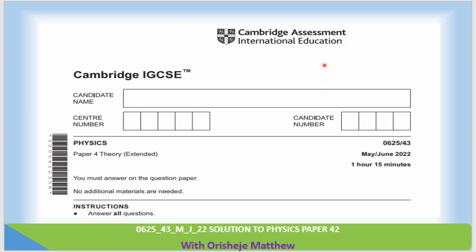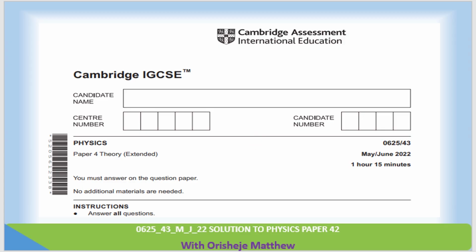All you need to do is some preparation, know your formula, then know the concept, the principle behind each concept. And as you review this paper with me, I'm going to be sharing how those little physical concepts can be interpreted. So let's go. As we look at this question, it's going to be fun.